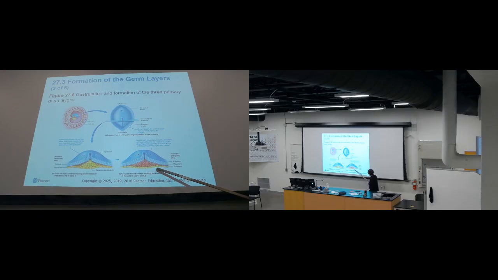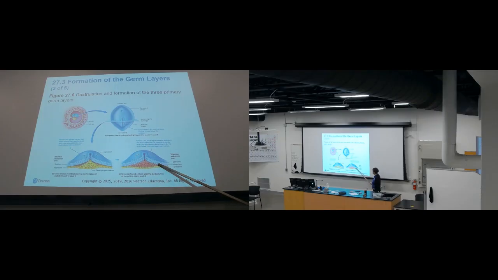And then you will end up by week 3 with the ectoderm, which was previously the epiblast, the endoderm, which was previously the hypoblast, and the mesoderm, which were these cells that basically enter in between the two layers.